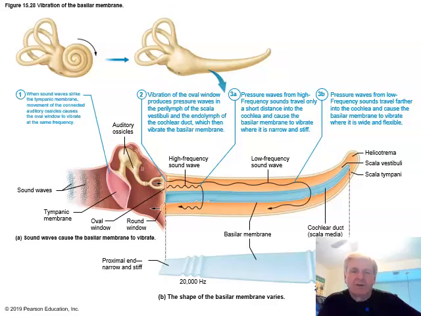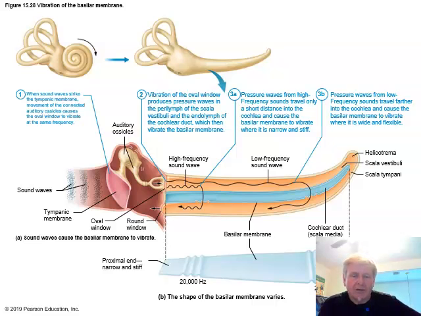So pressure waves from low frequency sound waves travel further into the cochlea, and they cause the basilar membrane to vibrate where it is wider and more flexible. This is the shape of the basilar membrane and how it varies. At the very beginning, the proximal end is very narrow and stiff.